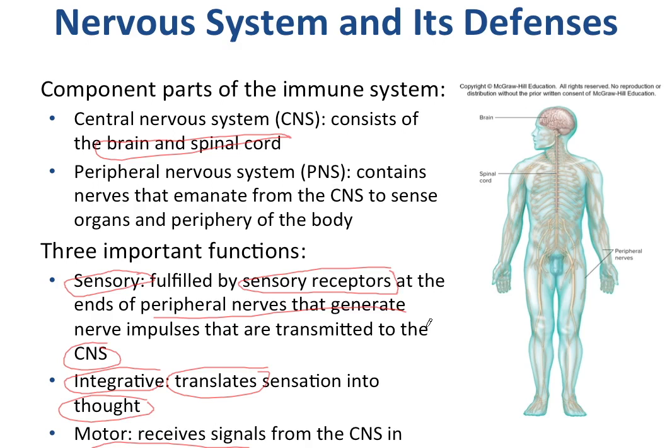The muscles contract, so we can move our hands away from the object to avoid burning. Okay, so this is the motor nervous system. The motor nervous system receives signals from the central nervous system and transfers these signals to the locomotive organs such as muscles and glands.